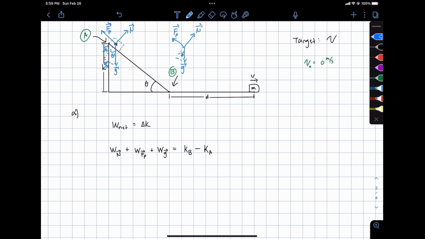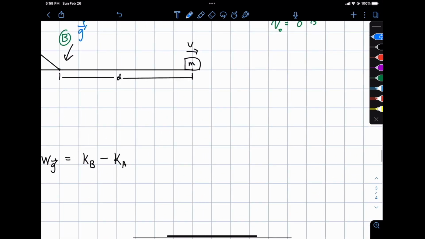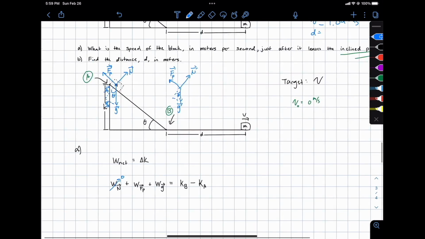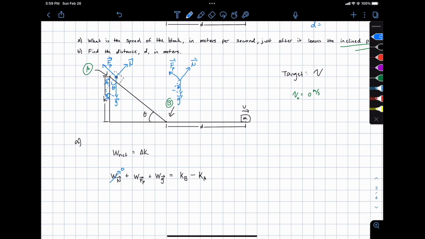The work done by the normal force is going to equal 0. Why? Well, as long as we have a force perpendicular to the direction of where we are moving, then that work will be equal to 0.